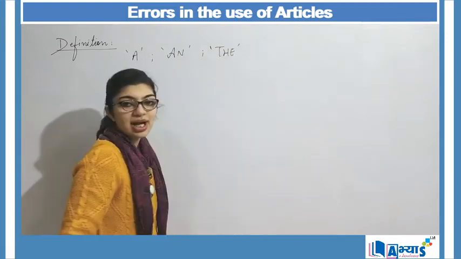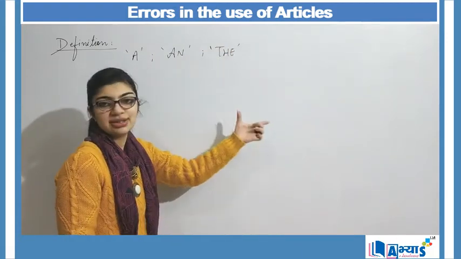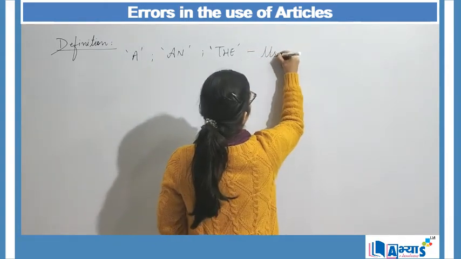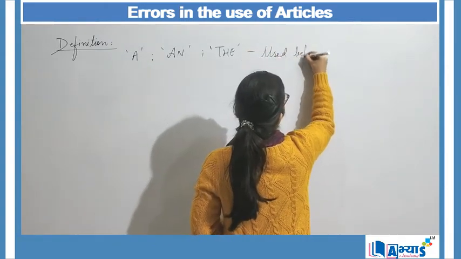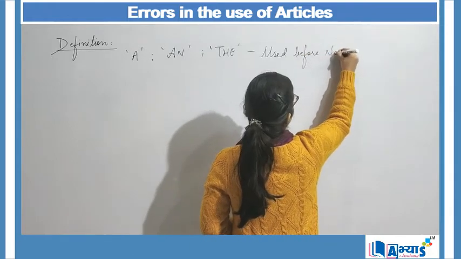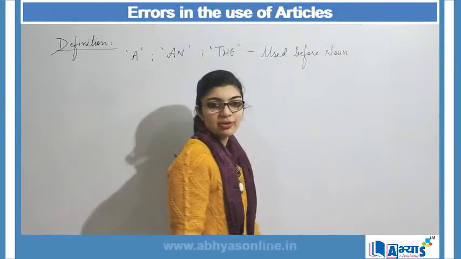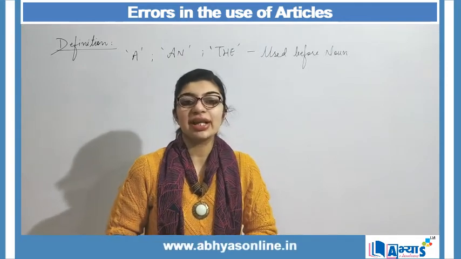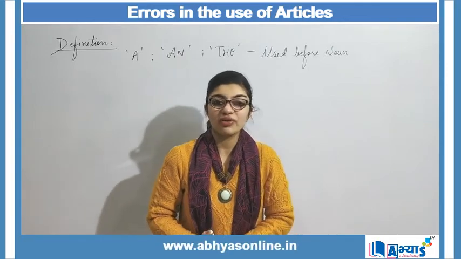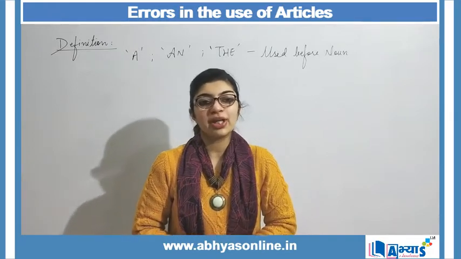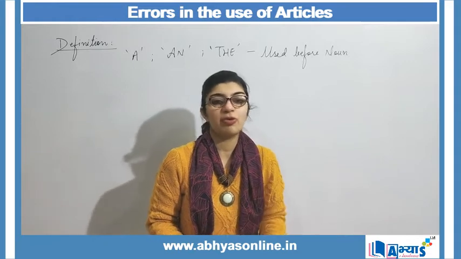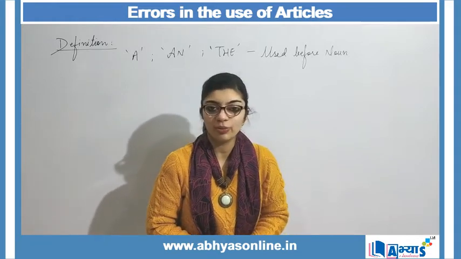My articles are used before a noun. Now, using these articles in sentences is alright, but we need to make sure that we are using the correct type of article before a particular type of noun.